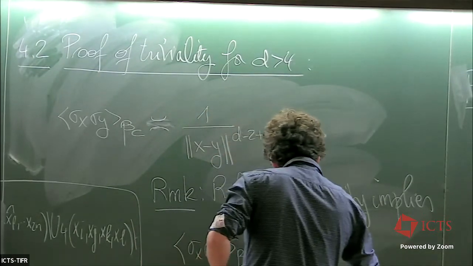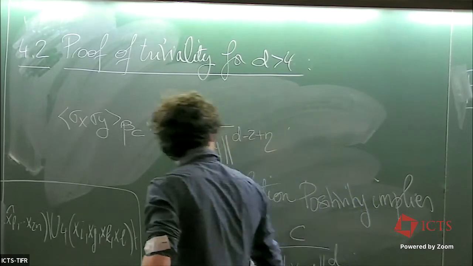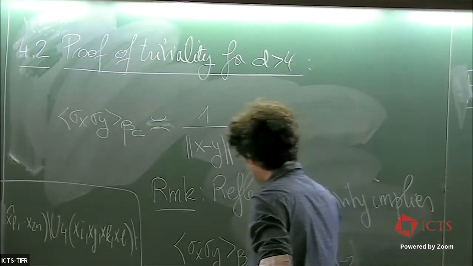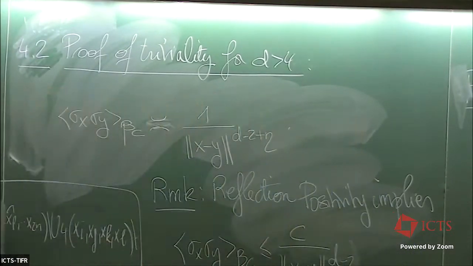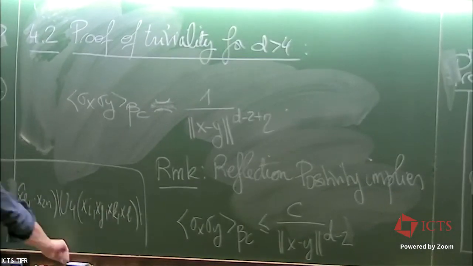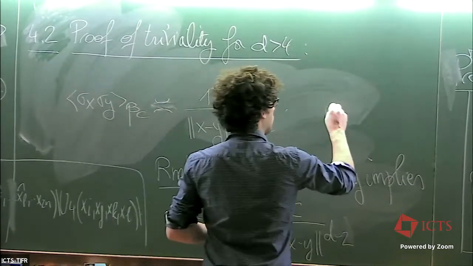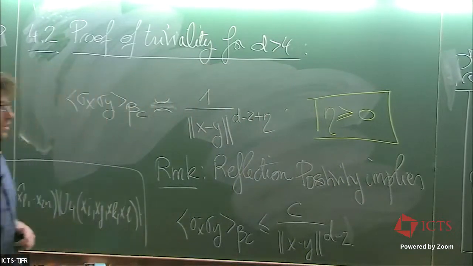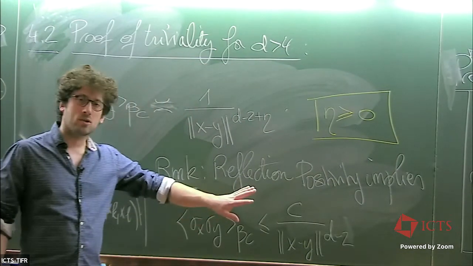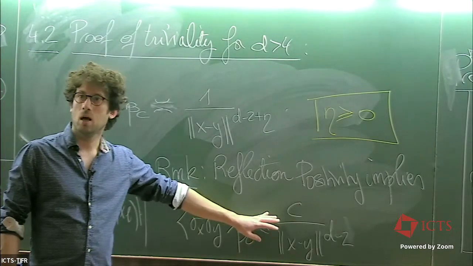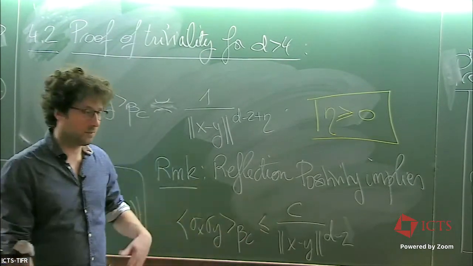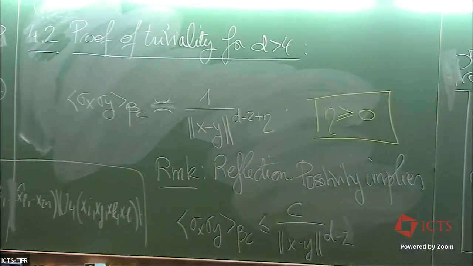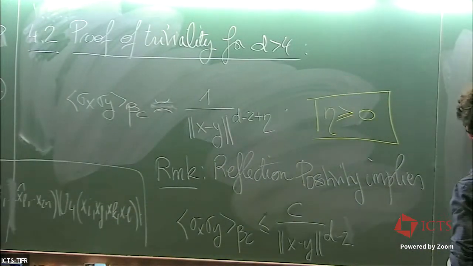It implies this bound, where you bound the spin by the Green function. So in particular, and this is important here, it tells you that eta is larger or equal to 0 because of this reflection positivity. In fact, everything works just using that, and this is rigorous. But it's a little bit more tedious, so I don't want to do it in this context.